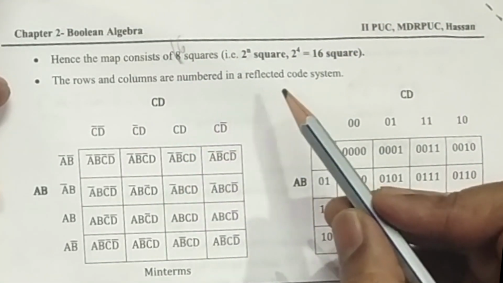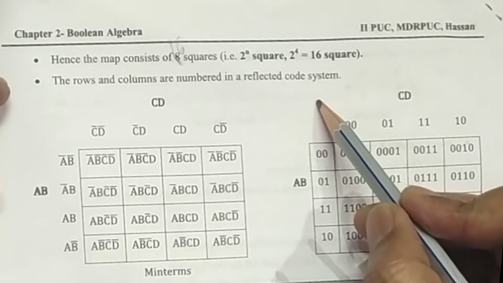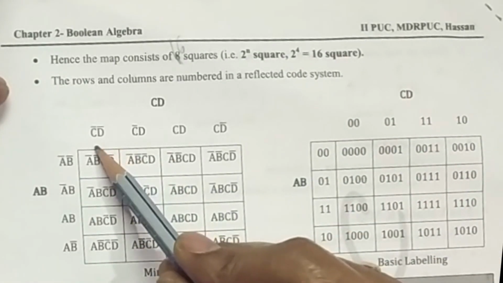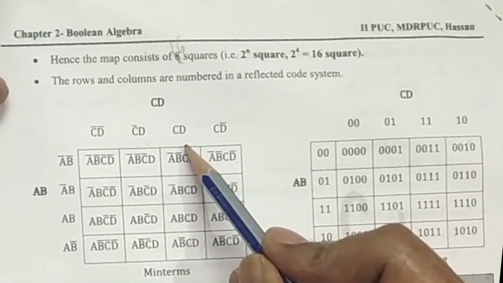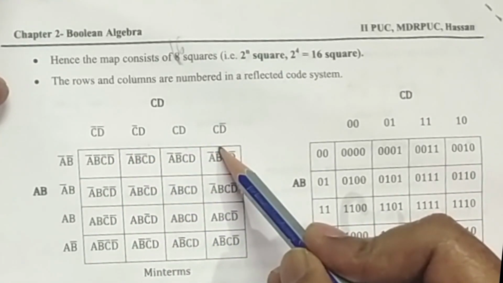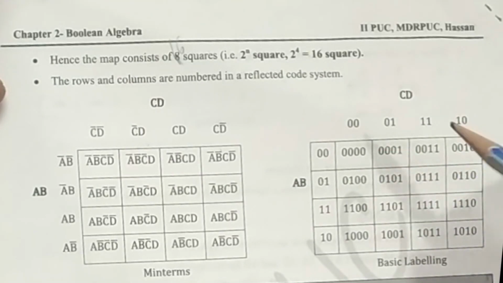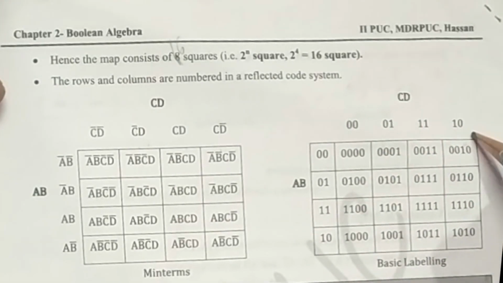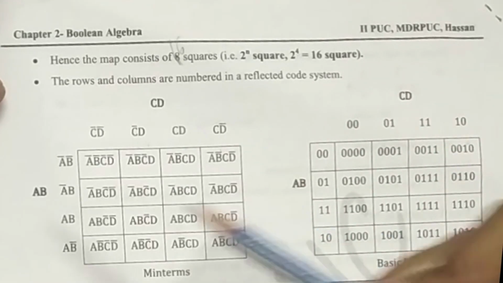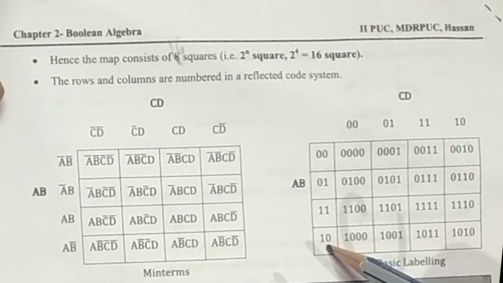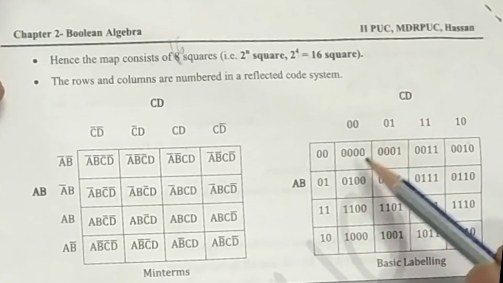The rows and columns are numbered in a reflected code system, that is the gray code system. You can see here C bar D bar, C bar D, then CD, then CD bar. In the basic labeling system it is 00, 01, 11, 10, and on this side also 00, 01, 11, 10. So the values are changing.